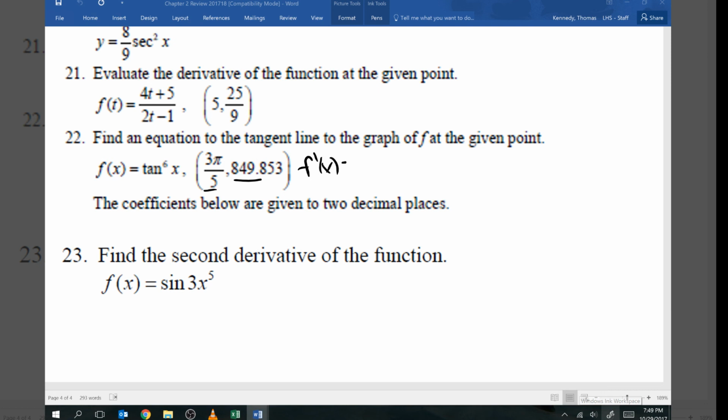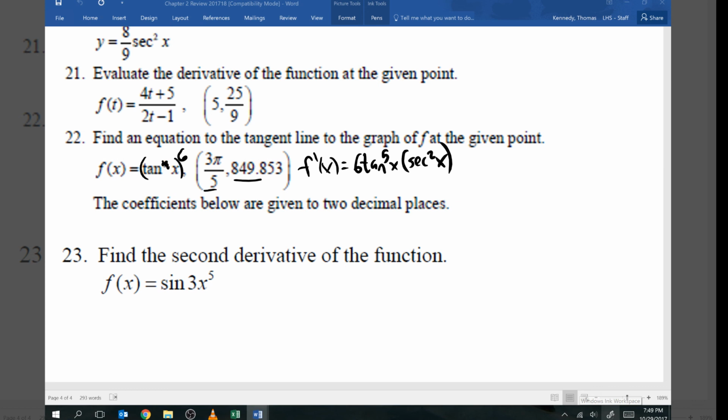F prime of x equals, and this is our good old hidden chains problem. This is tangent of x to the 6th. So we get 6 times tangent of x to the 5th times the derivative of the inside, which is secant squared x.